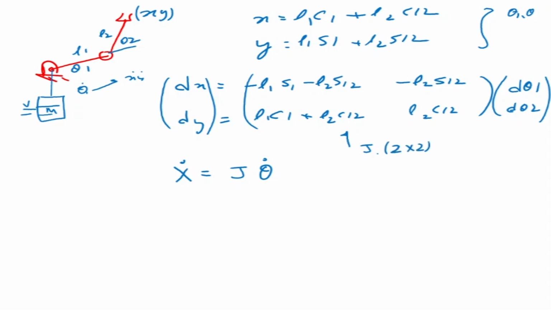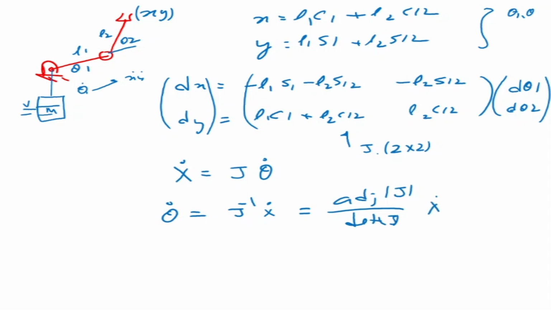Now J is a 2 by 2 matrix in this case. In terms of control, what is more important is that we want a desired end effector trajectory or end effector velocity, and I'm going to give a corresponding joint velocity. So theta dot is equal to J inverse of x dot. So what I need to do is find the adjoint of J divided by the determinant of J, into x dot.